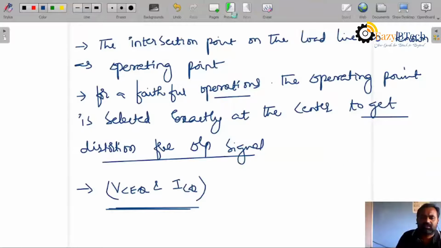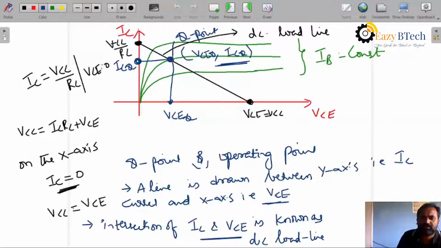Okay. This is nothing but a load line. This is nothing but an operating point or a Q point. Okay, this is known as load line analysis.